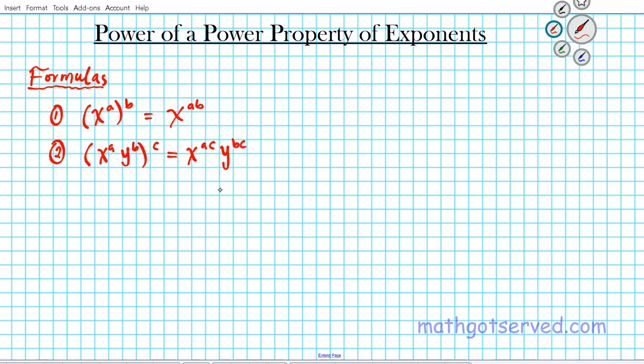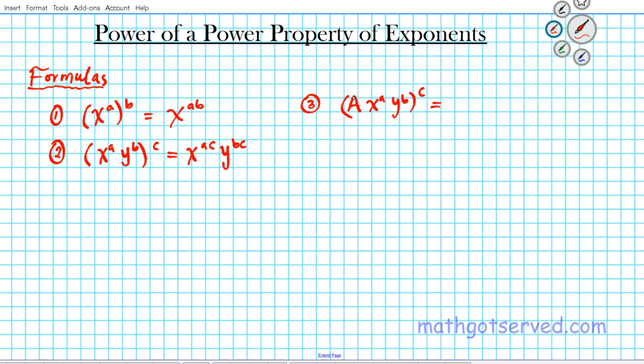And lastly, what if you have a coefficient, let's say a, in there? So a x to the a, y to the b, everything raised to the power c. You just have to remember that when you're raising a monomial to a power, that power is distributed to every single factor in the parentheses.